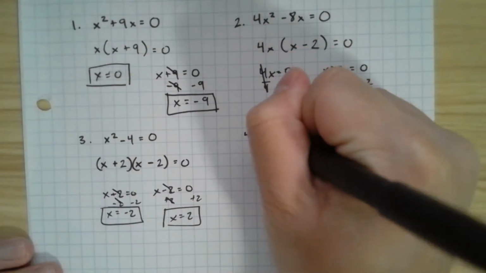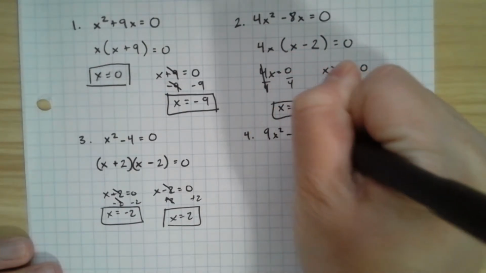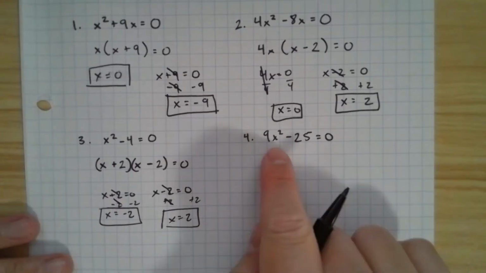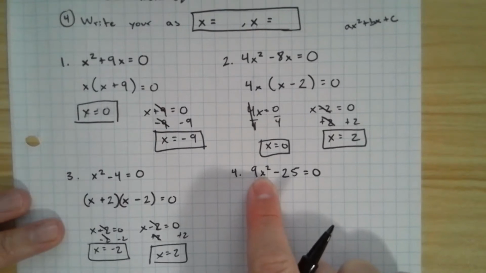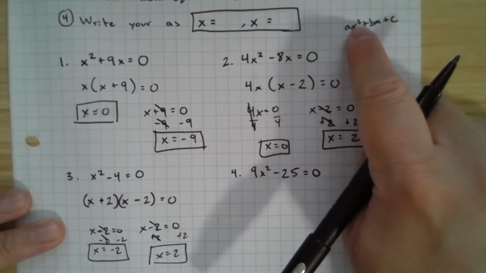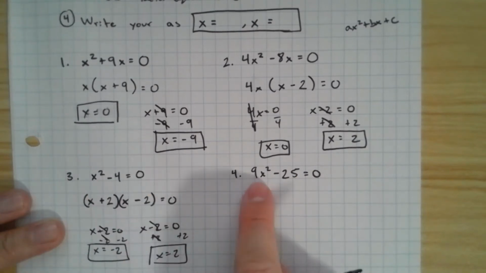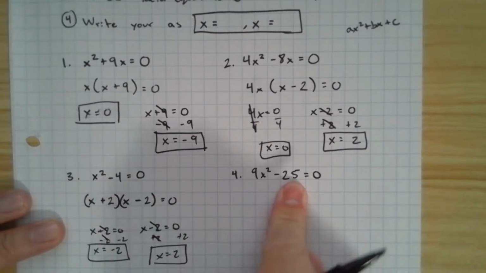For this one, notice again, I got 2 terms only. And I also have only the ax squared term and the c term. So it might be a difference of squares again. And 9 is a perfect square, 25 is a perfect square.